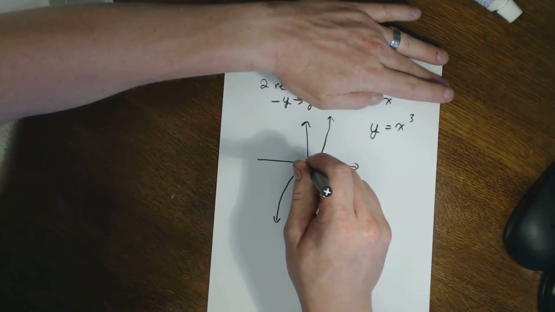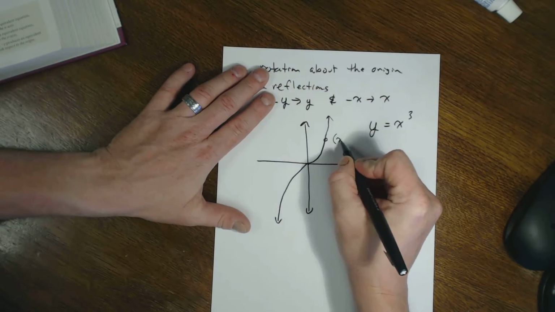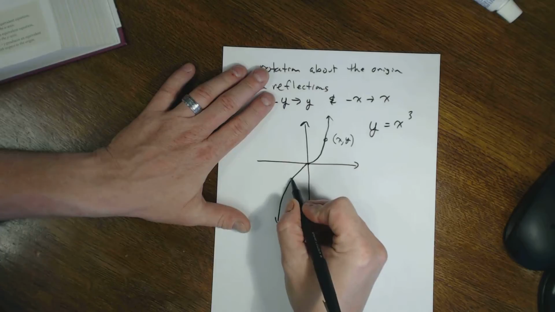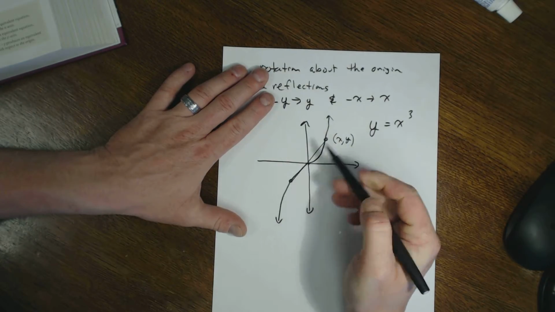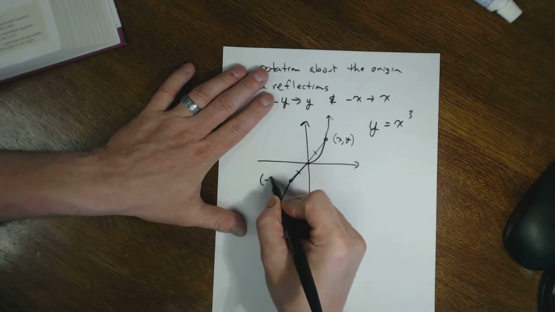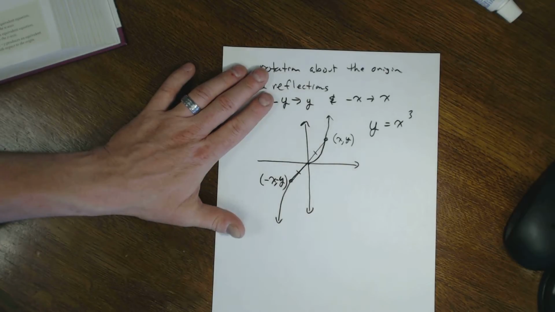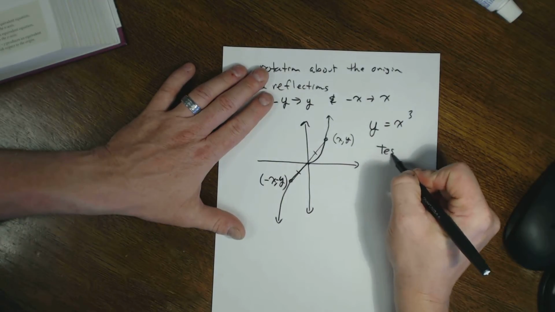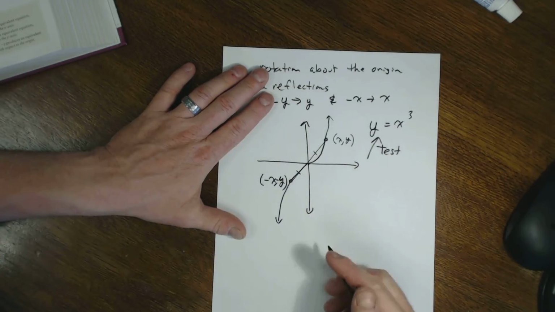Not only that, if I take a coordinate point x, y here, I can find a corresponding point over here directly through the origin at the same distance on both sides. That is going to be minus x, minus y.